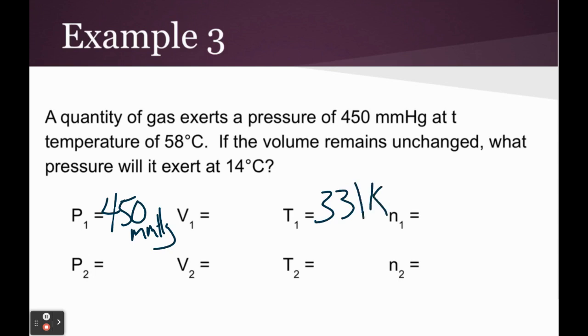If the volume remains unchanged, we can cross volume out because it tells us that volume is not changing. We want to know what pressure it will exert at 14 degrees Celsius. So 14 degrees Celsius is our T2. In Kelvin, that is 287. So P2 is what we're looking for.